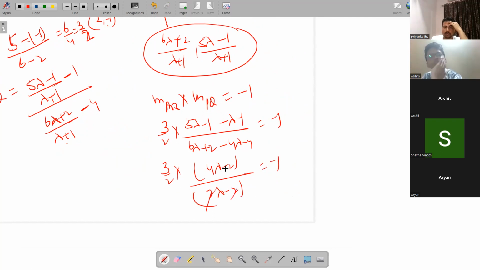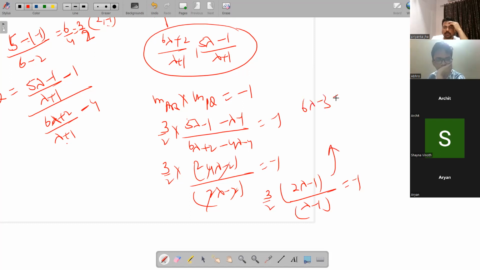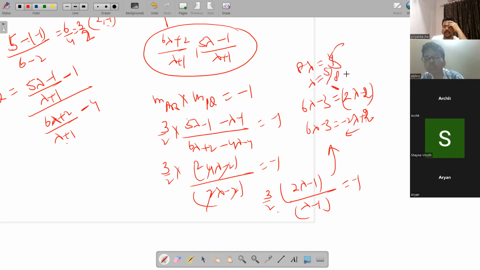The 2s cancel, so 3 by 2 into (2 lambda minus 1) upon (lambda minus 1) equal to minus 1. Cross multiply: 6 lambda minus 3 equal to minus 2 lambda plus 2. So 8 lambda equal to 5. So lambda is 5 by 8.